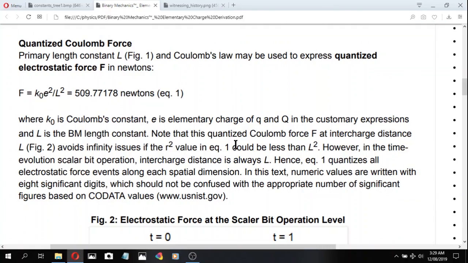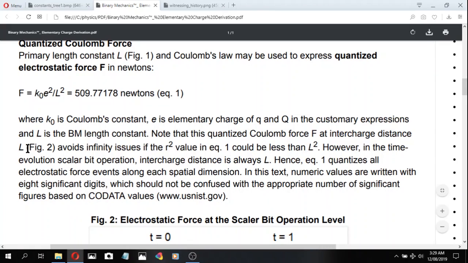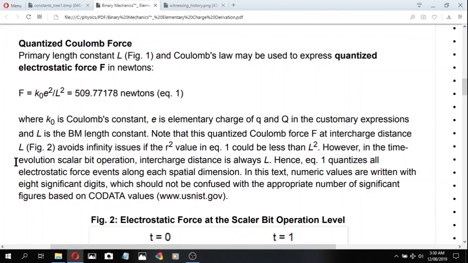Note that this quantized Coulomb force F at intercharge distance L avoids infinity issues if the r squared value in equation 1 could be less than L squared. However, in the time evolution scalar bit operation, intercharge distance is always L. Hence, equation 1 quantizes all electrostatic force events along each spatial dimension.